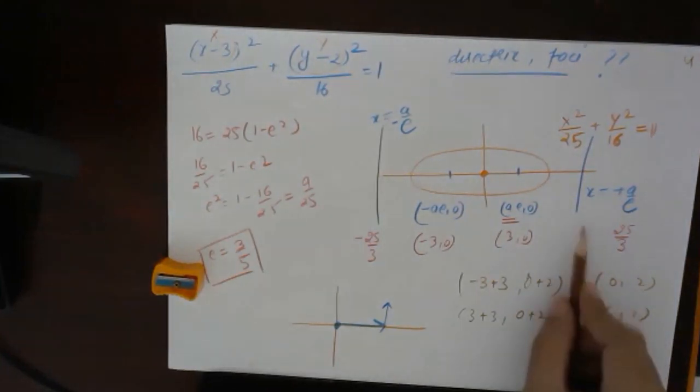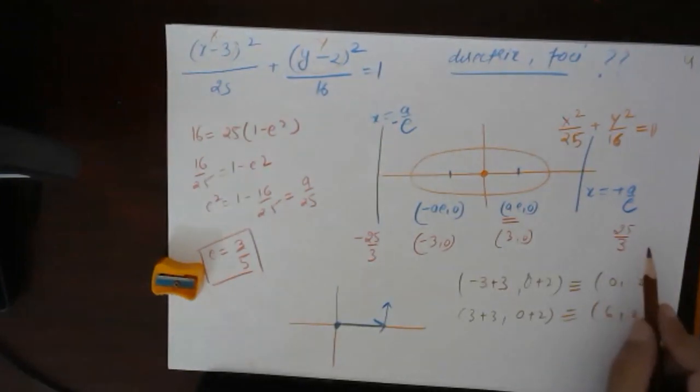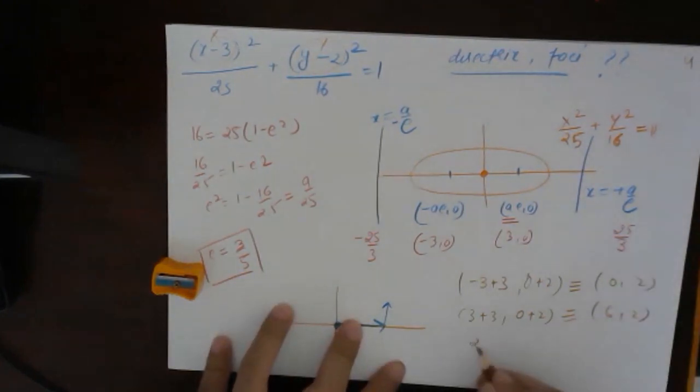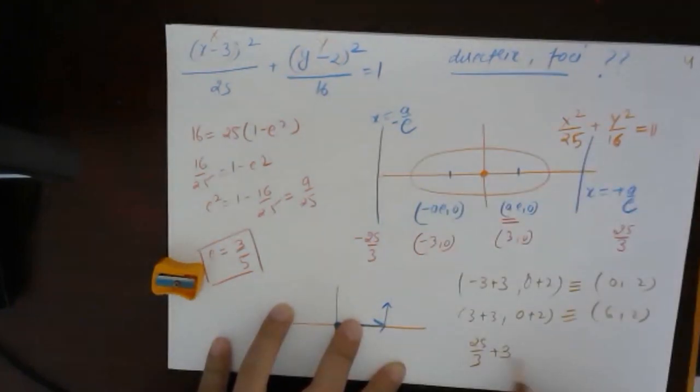The directrix originally were 25 by 3. Now what will be the new directrix? 25 by 3 was the original, moving right by 3, so x equals 25 by 3 plus 3, which is 34 by 3.